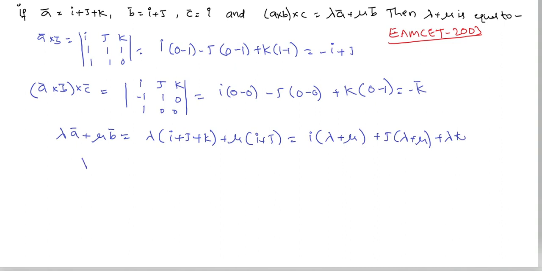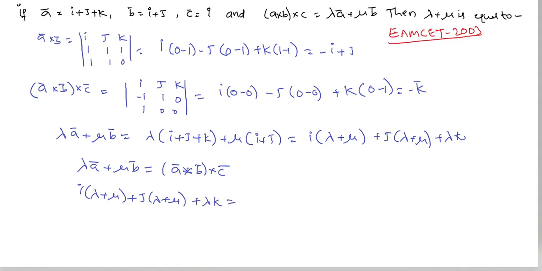So the value lambda a bar plus mu b bar is equal to the given a bar cross c, that is I of lambda plus mu plus j of lambda plus mu plus lambda k, and this value is minus k. So equating the coefficients of I bar, lambda plus mu is equal to 0. So the value of lambda plus mu is 0.